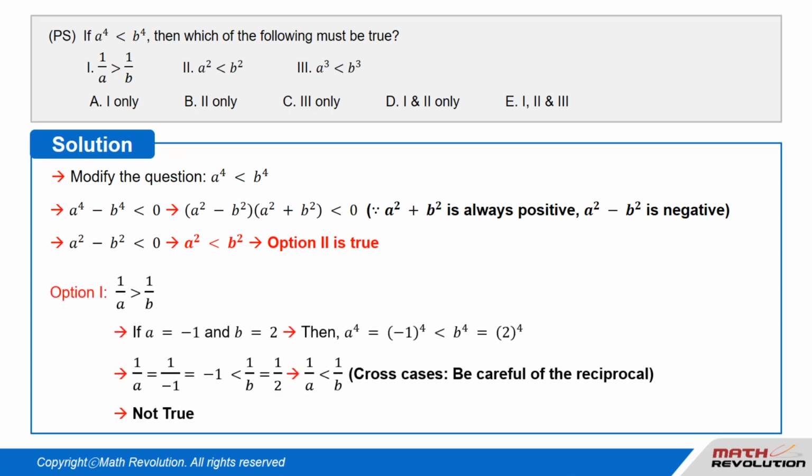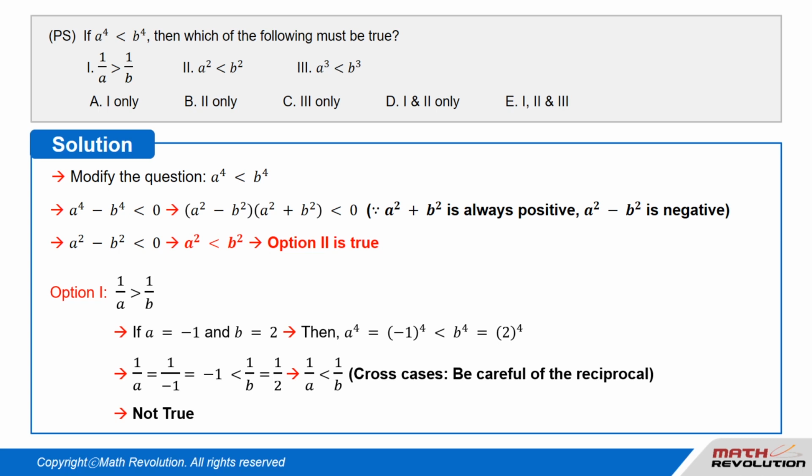Option 1. 1 over a is greater than 1 over b. Let a equals negative 1 and b equals 2. Then, a to the power of 4 equals negative 1 to the power of 4, which is smaller than b to the power of 4, which equals 2 to the power of 4.